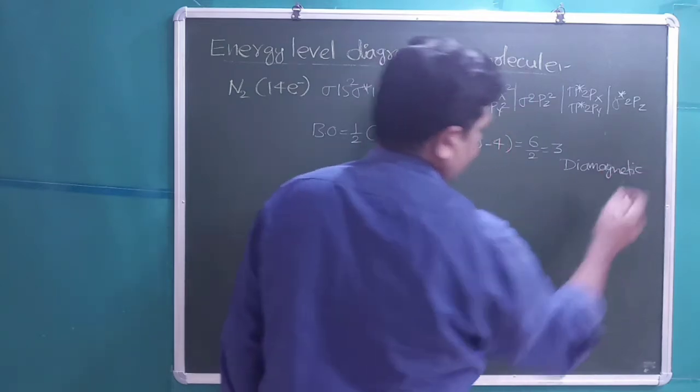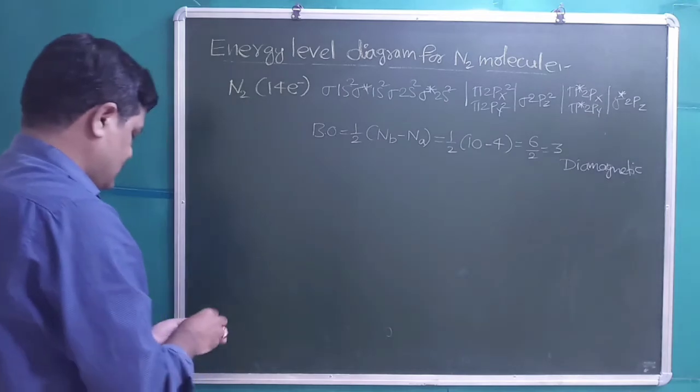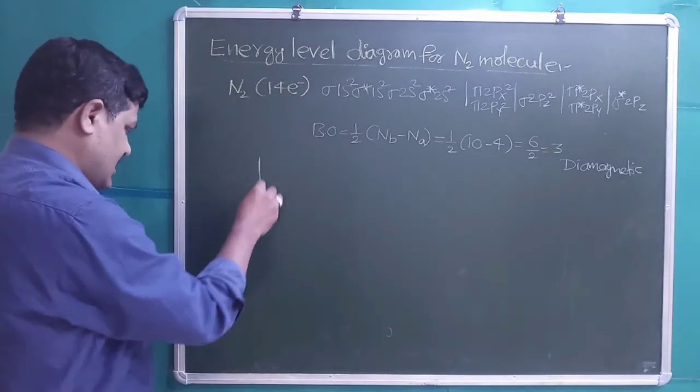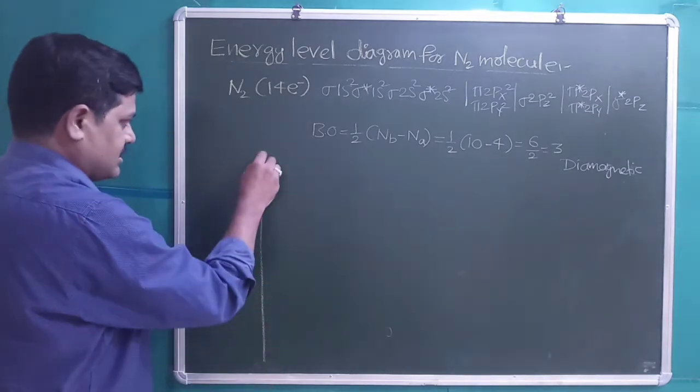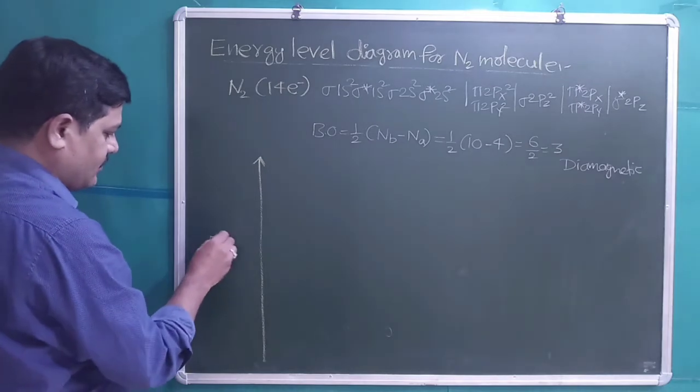Diamagnetic in nature, right? So we can write the energy level diagram like this, in increasing order of energy.